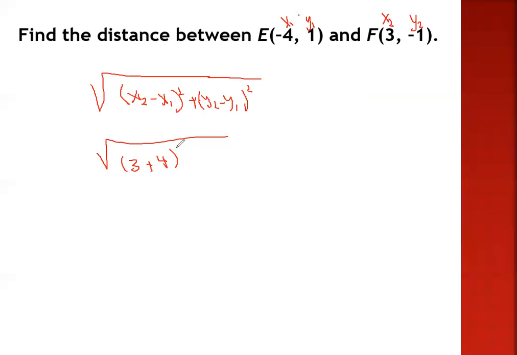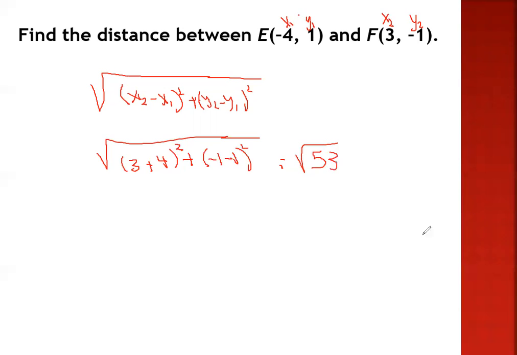Don't forget all to the power of 2, plus the second part, y2: -1 minus 1, all to the power of 2. What is the answer? The first one is 3 plus 4 equals 7, to the power of 2 equals 49, plus 2 to the power of 2, then we have square root 53.